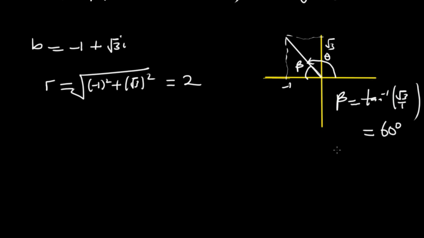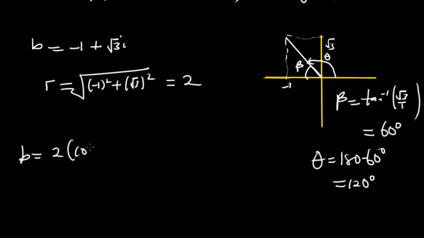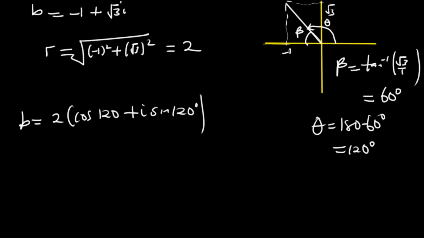So to find theta here, just like we did in the first example, we have theta equal to 180 minus 60 degrees, and this is equal to 120 degrees. So with this we can write that B equals r, which is 2, cos 120 plus i sine 120 degrees. So you have represented A and B in polar representation.